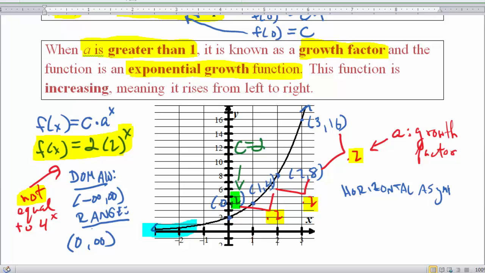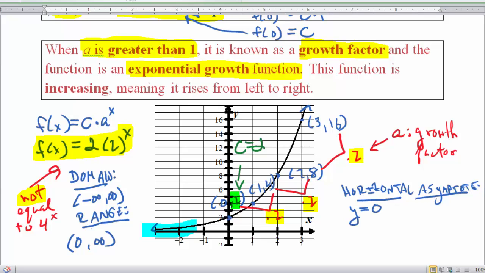Okay? And because of the fact that it never quite reaches 0, that means we have what's known as a horizontal asymptote. If you remember, we did vertical asymptotes when we did rational functions. We might have briefly talked about horizontal asymptotes as well at that point, but we didn't really specifically define them. But this function here actually has a horizontal asymptote because y is getting very close to 0, but not quite reaching it. So the horizontal asymptote is actually going to be this line, y equals 0.